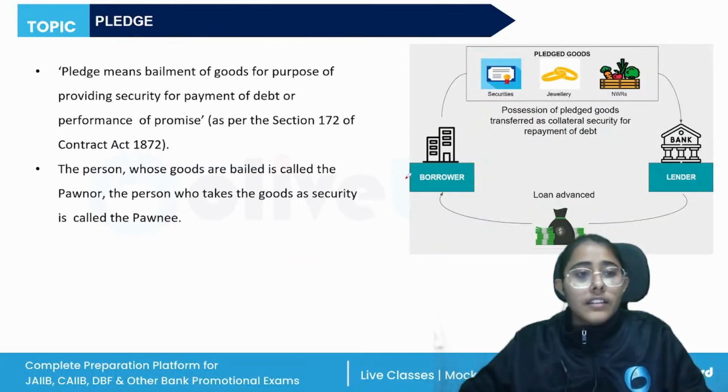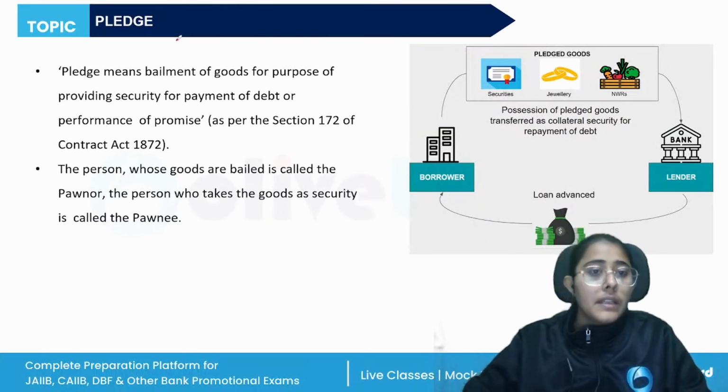Then the third type is a pledge. A pledge is a relationship which exists between the pawnor and the pawnee, the person who is bailing their goods. Pledge basically means the bailment of goods for the purpose of providing security for payment of a debt or performance of a promise.